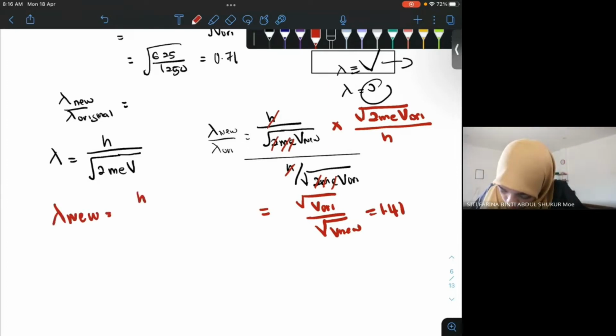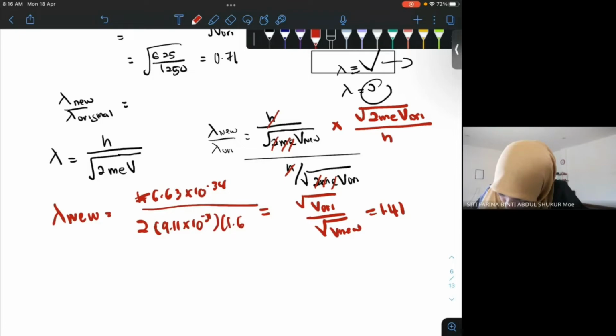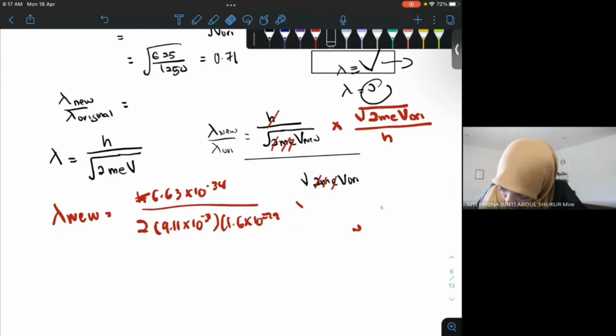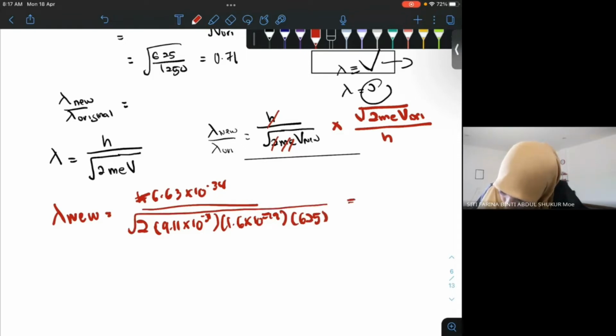Iaitu H, 6.63 times 10 negative 34 bahagi dengan 2 times 9.11, lepas tu darab dengan 625, square root semua ni. Dapatkan jawapan ni dulu. Dan buat ni yang sama untuk original.